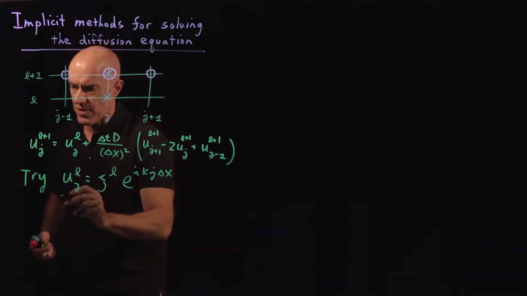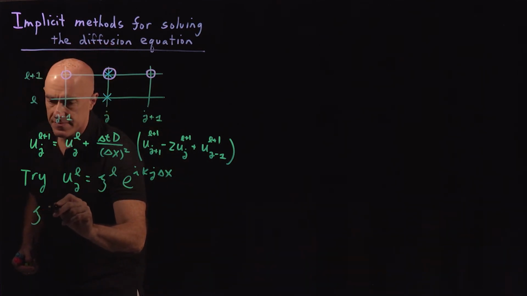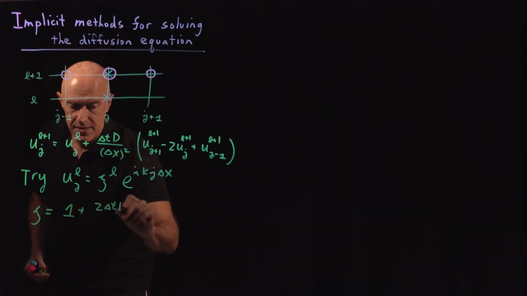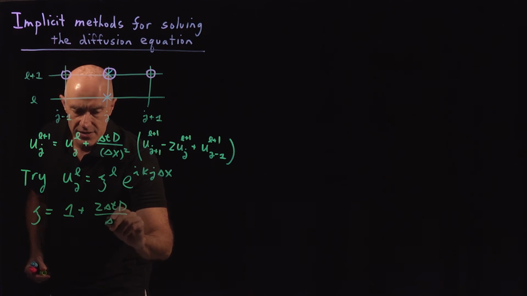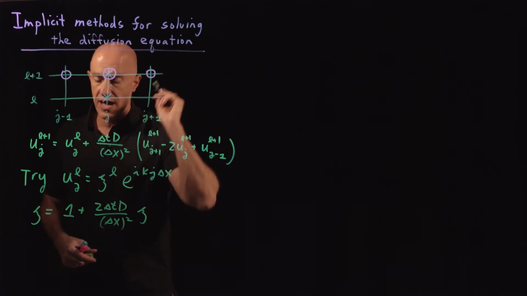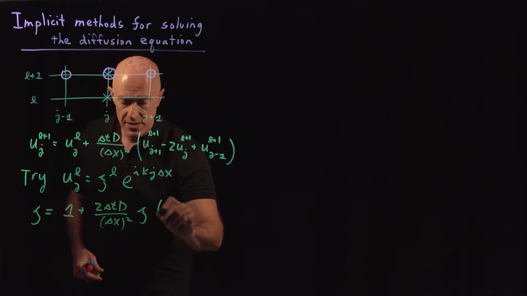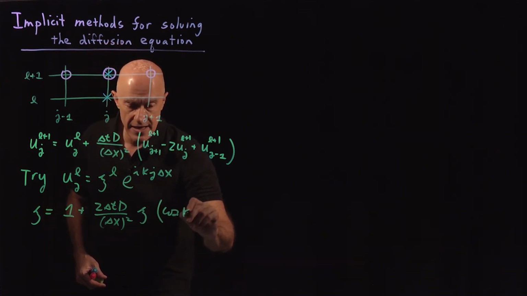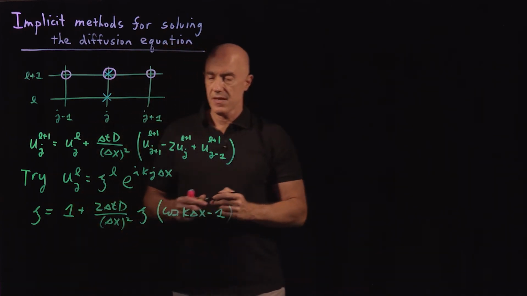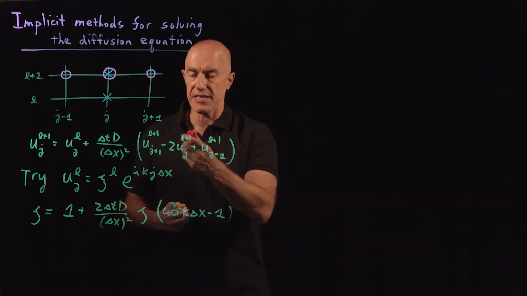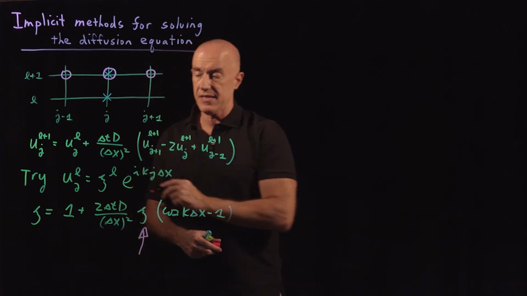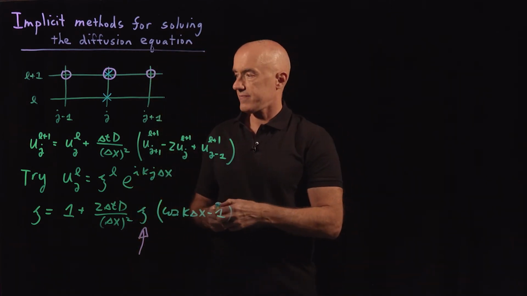So what you'll end up with is psi equal to 1 plus 2 delta t D over delta x squared times psi. You have an extra factor of psi there, times cosine k delta x minus 1. Okay? So the difference between the explicit method and the implicit method is exactly this factor of psi.